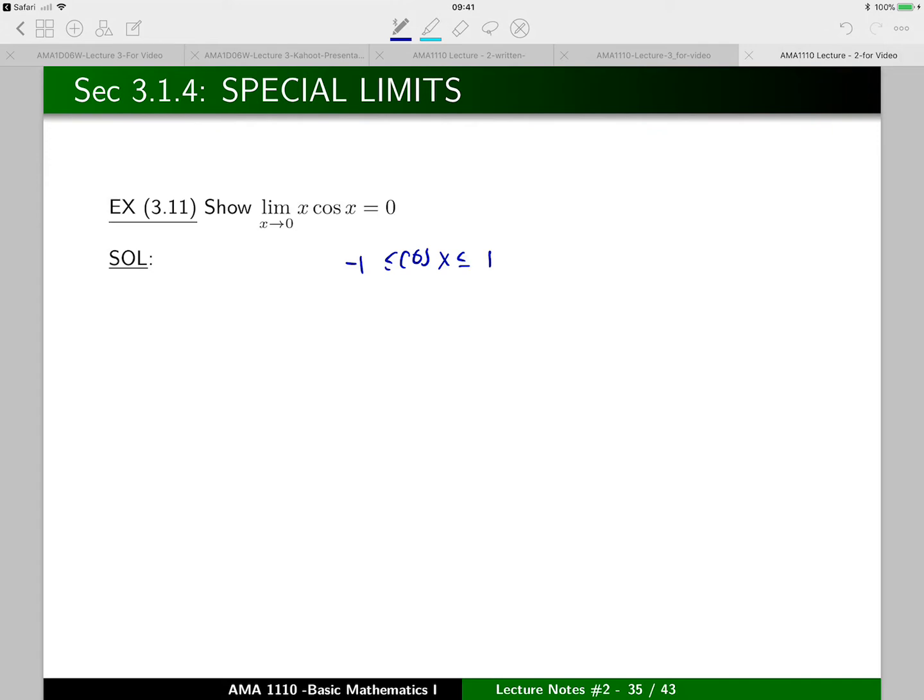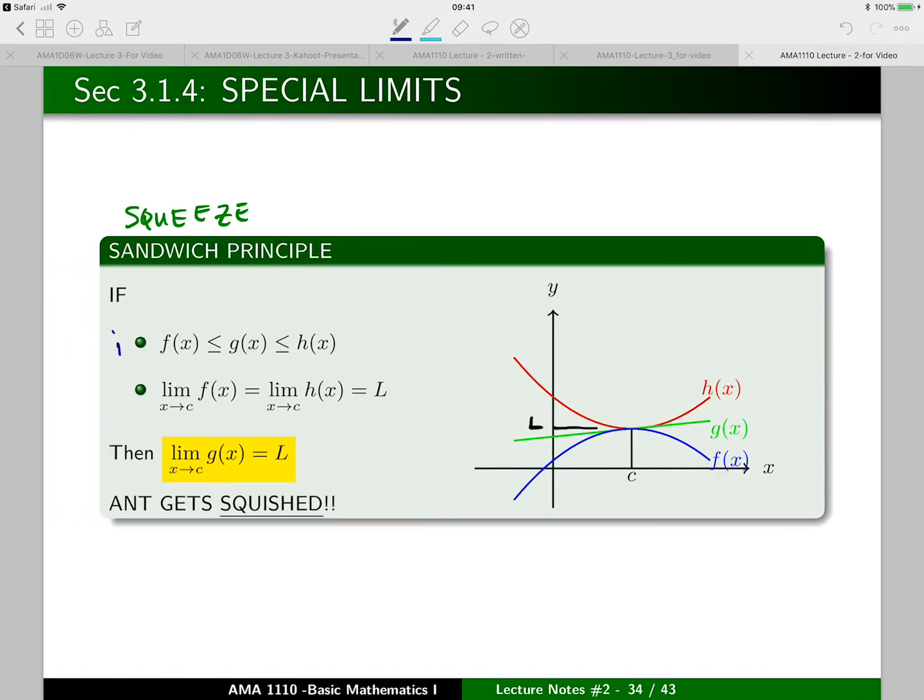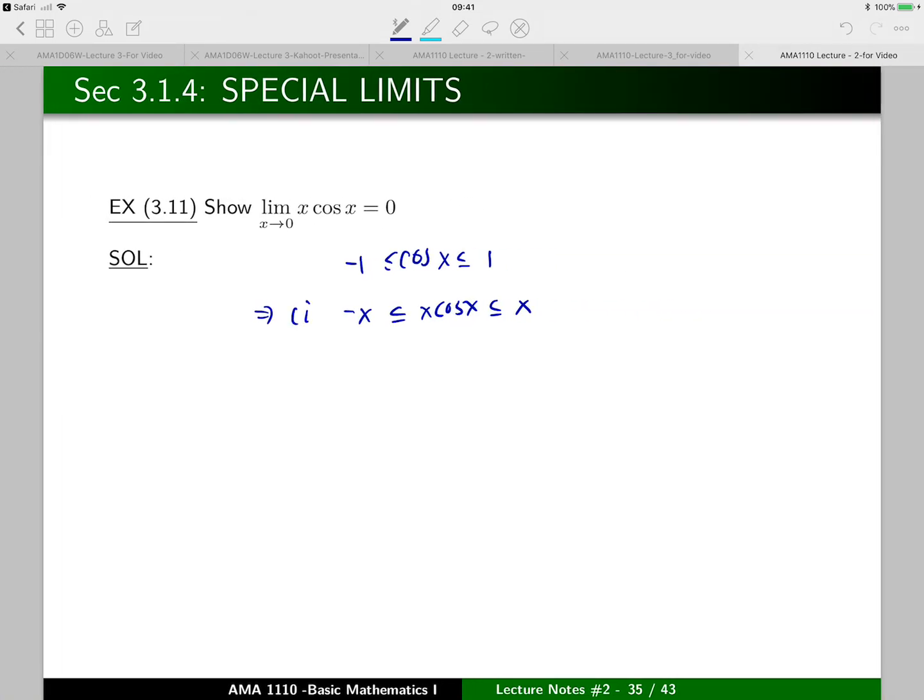Now if you multiply by x on both sides, we have minus x is less than or equal to x cos x, which is less than or equal to x. Then first we have the first criteria satisfied for the squeeze theorem.